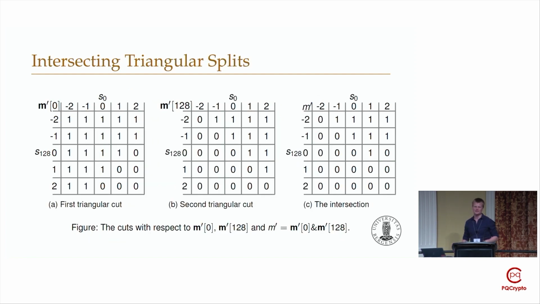Finally, we can combine the ideas of the previous slides and take the intersection of two triangular splits. So we have one here, and if we do a bitwise AND of all the values, we get a split where we learn either that the values of S0 and S128 are either here or, well, here.